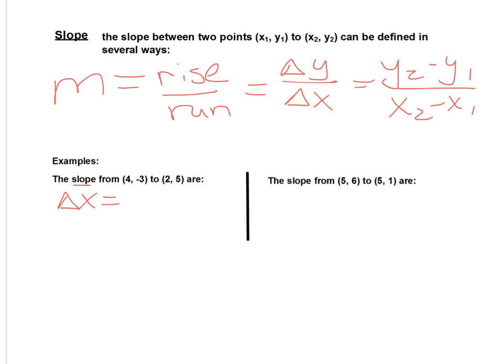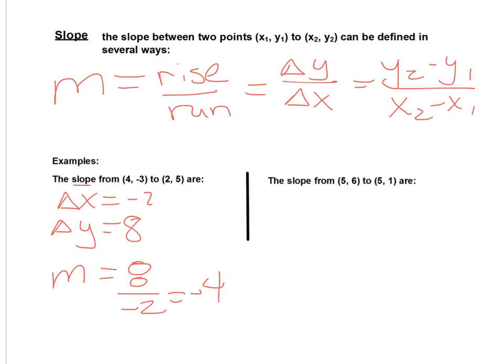So examples, the slope from 4, negative 3 to 5, since we got delta x to be, let me see if I remember, negative 2, and then delta y we got to be 8. So our slope would be delta y over delta x, and reduce that to negative 4. All right, the slope from 5, 6 to 6, 1, remember our delta x was 0 and our delta y was negative 5.